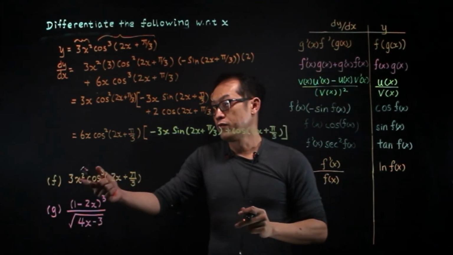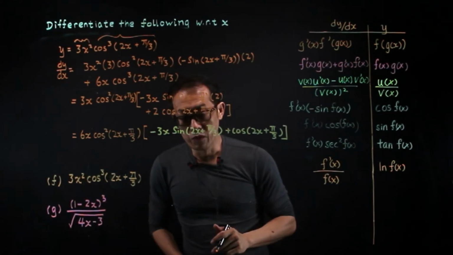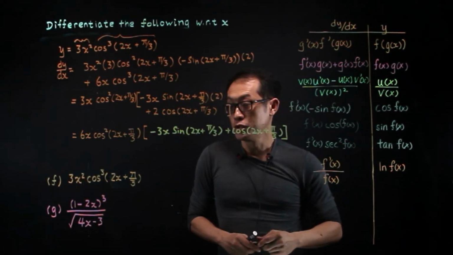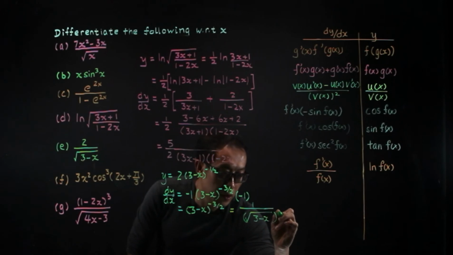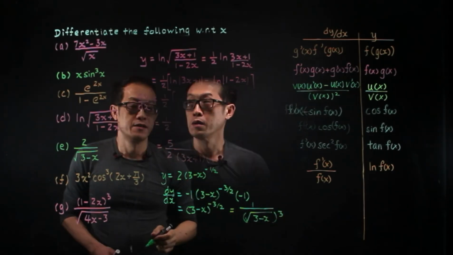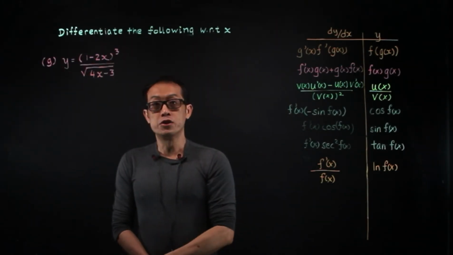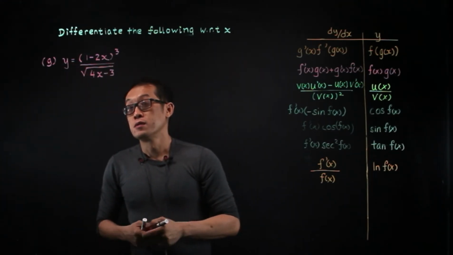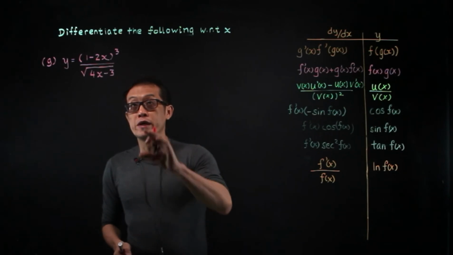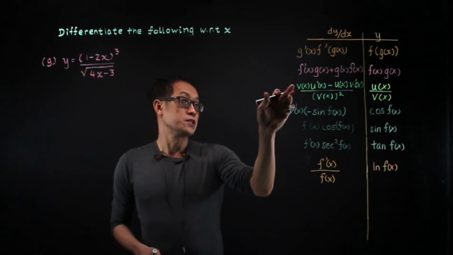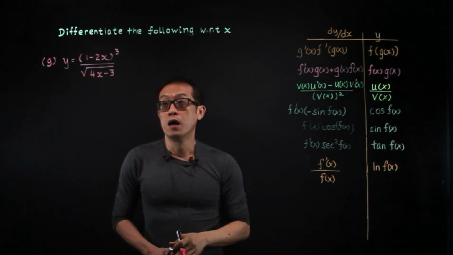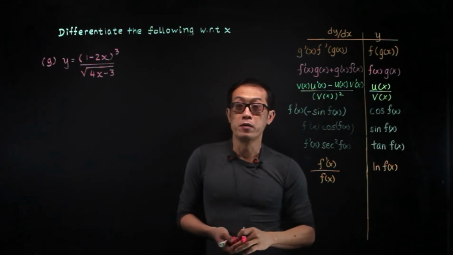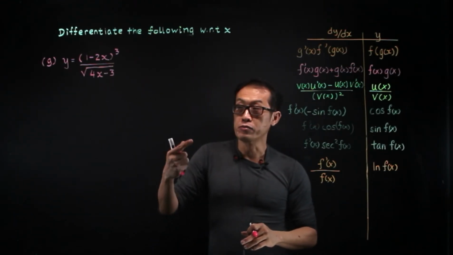So we have worked out part F, and now let's move on to part G, to the power of 3. Part G is the last question. We can use the quotient rule for this, which is going to be quite complicated, but it's not that you can't.